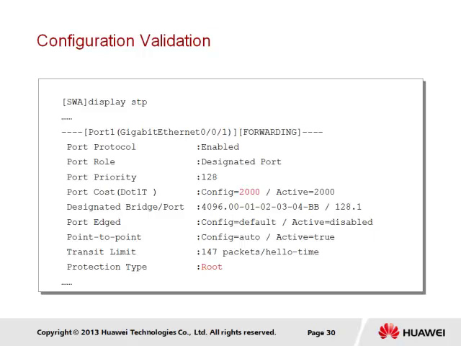We can see this is the case when we take a look at interface gigabit Ethernet 0/0/1 of switch A. Other key points to take note of include the port priority that represents a priority of 128, and also the changes made to the port cost, which now represents a value of 2000. One final point refers to the protection type, which shows the root protection that has been configured in order to protect the integrity of the root bridge.